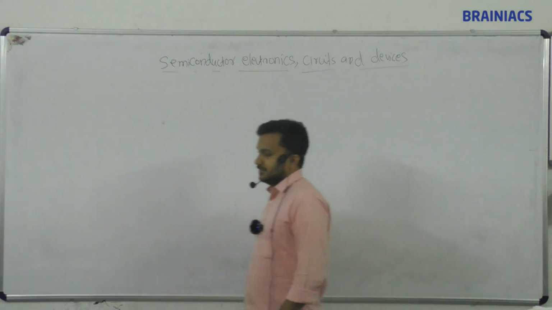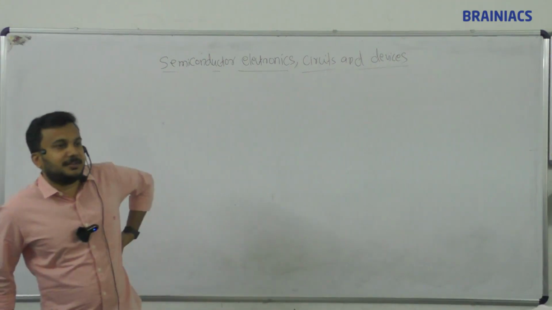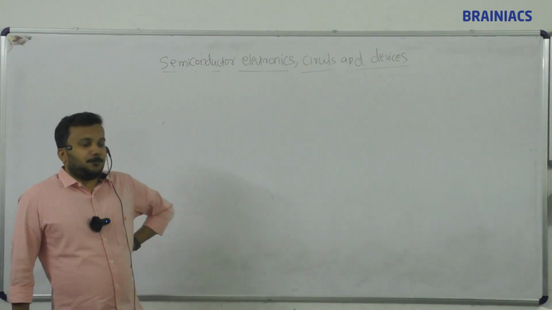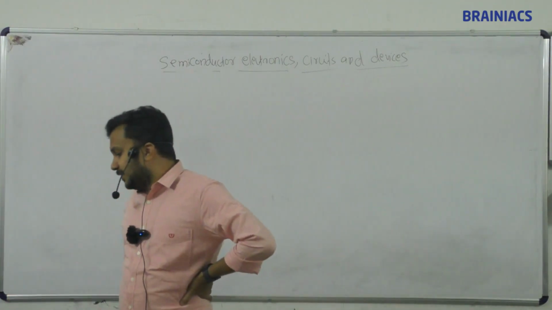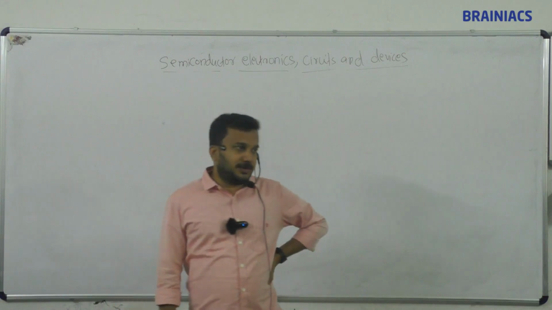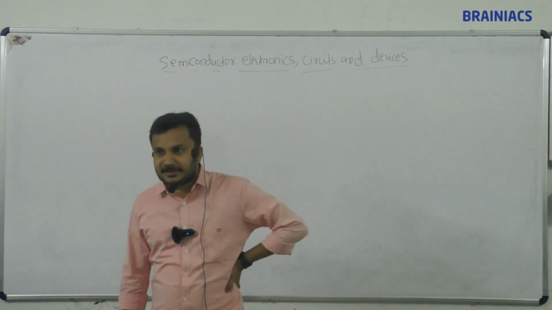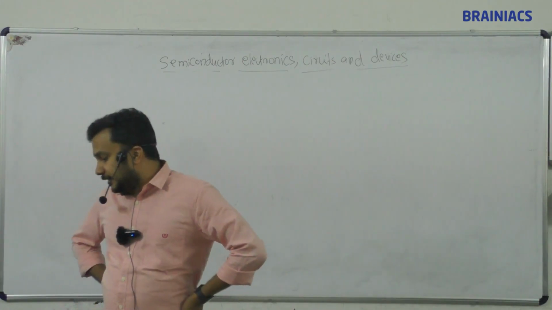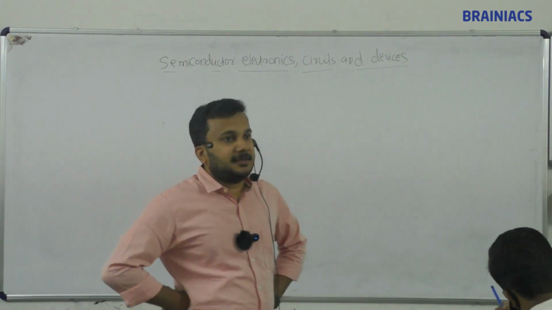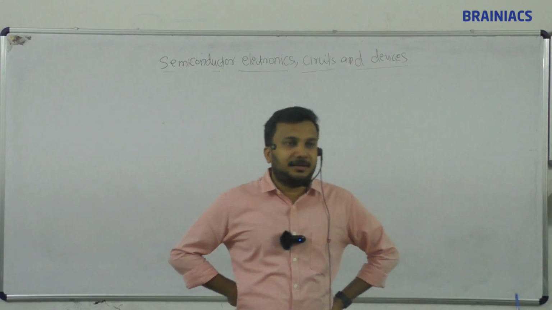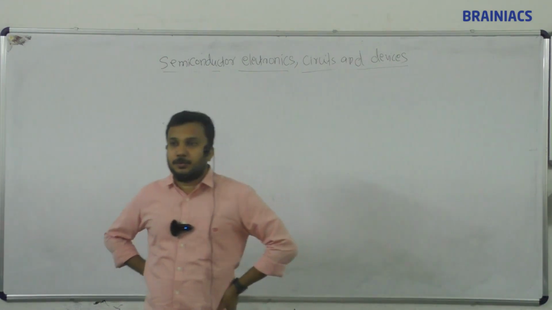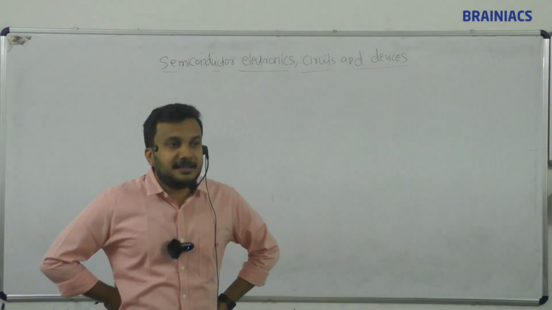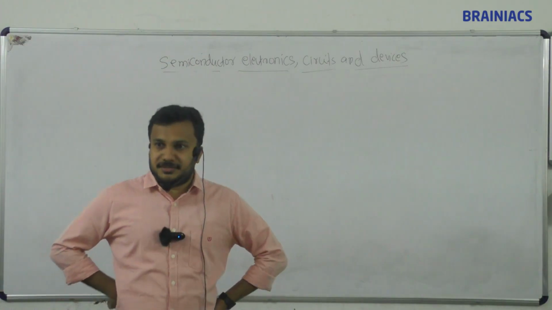Read the question. What are the things which are given in the question? In a pure silicon crystal, so it is an intrinsic semiconductor, 10 power 13 electron hole pairs are present. That is called intrinsic concentration.